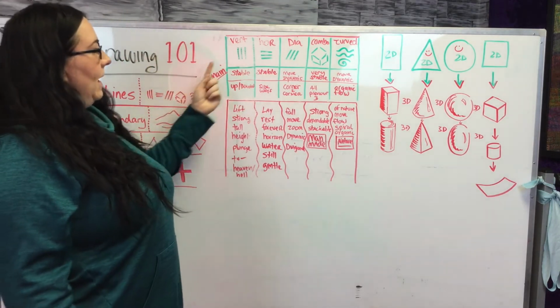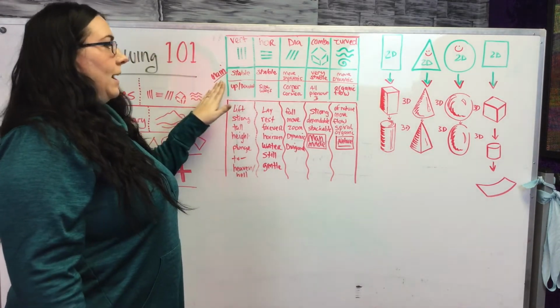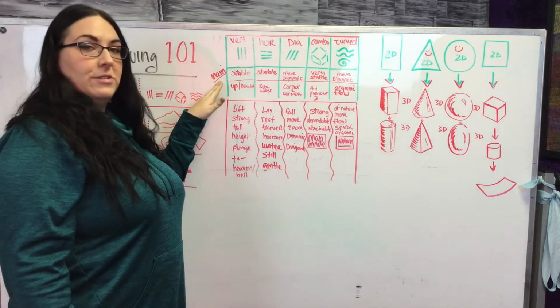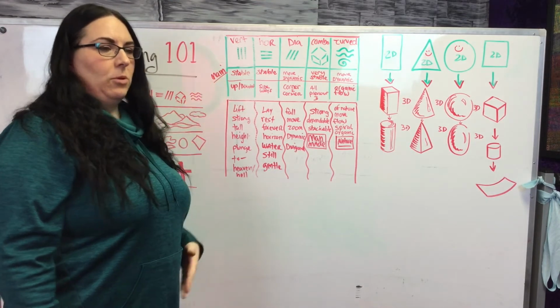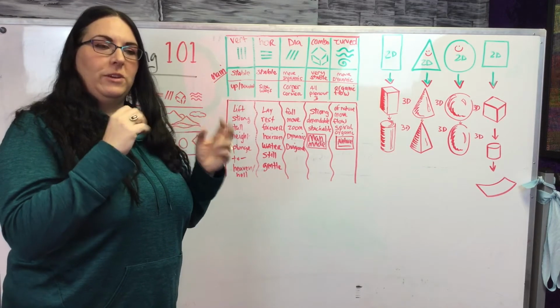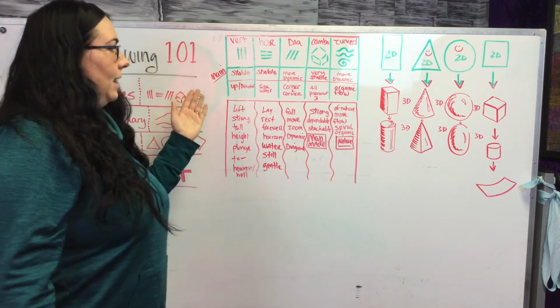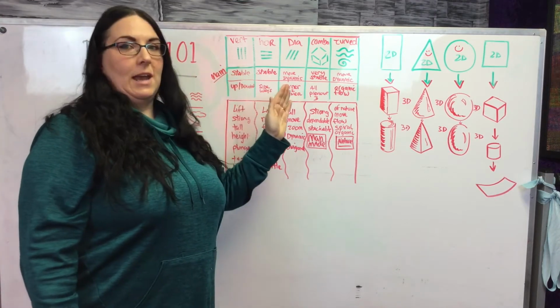Now the first type of lines, vertical lines, are lines that go straight up and down. Those lines are thought of as stable. And when I say stable, I mean they feel mentally comfortable. You don't feel like they're going to change up on you. So we've divided our lines into stable or dynamic.